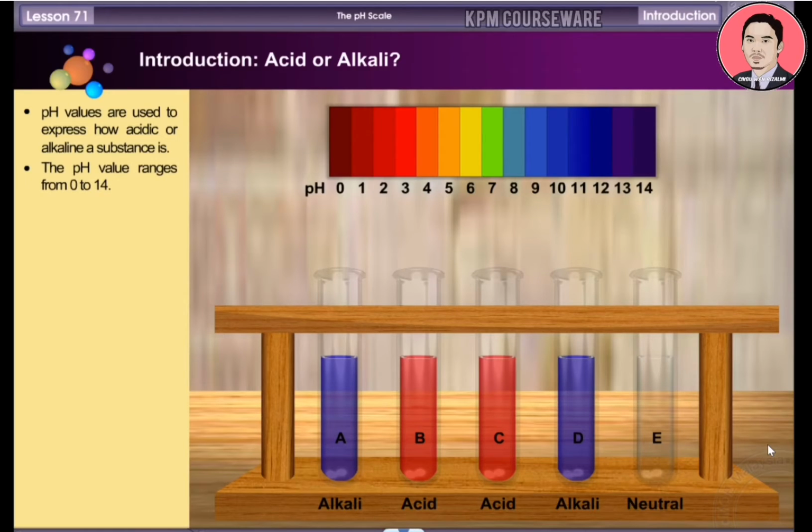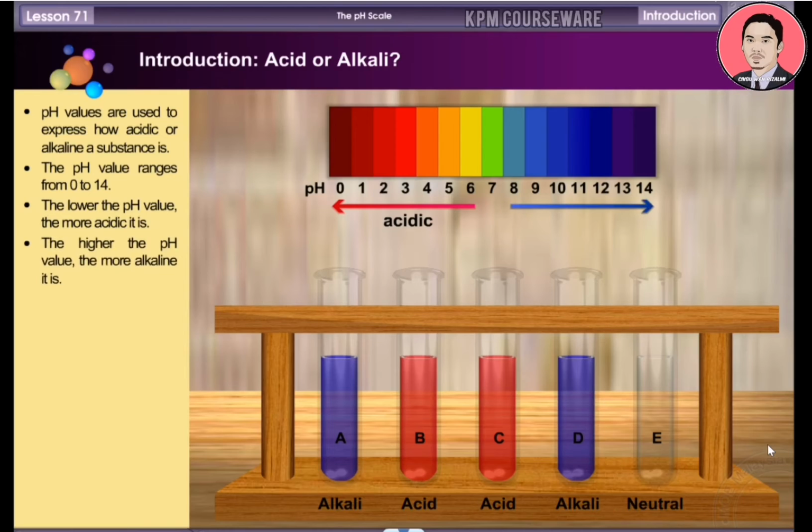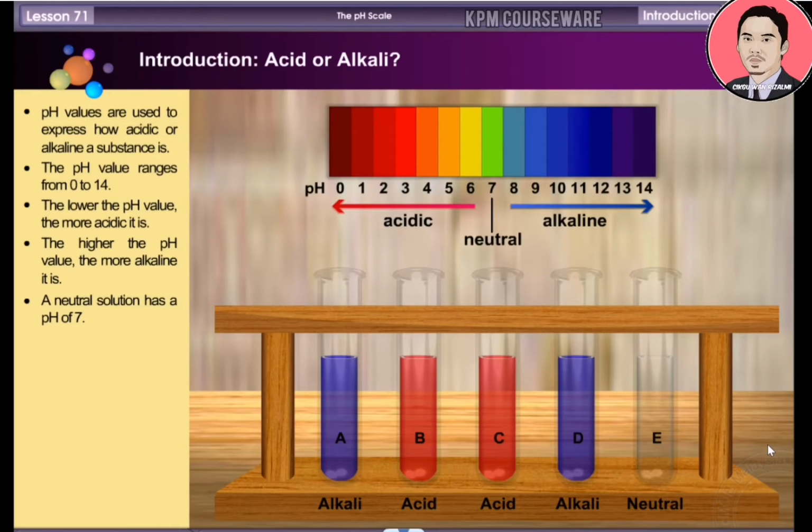The pH value ranges from 0 to 14. The lower the pH value, the more acidic it is. The higher the pH value, the more alkaline it is. A neutral solution, neither acidic nor alkaline, has a pH of 7.